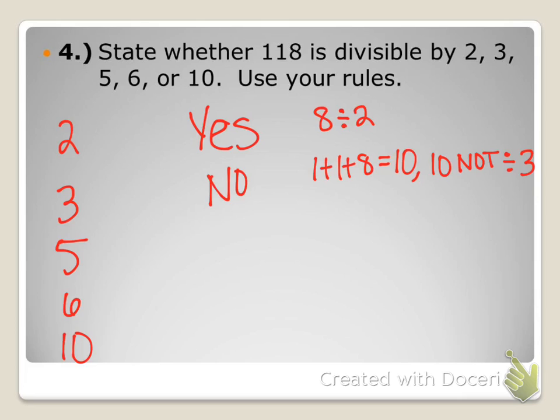Logan, is 118 divisible by 5? No, I would agree with that response. It is not divisible by 5. Houston, can you tell me why 118 is not divisible by 5?